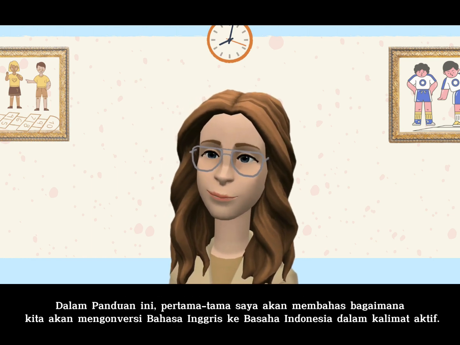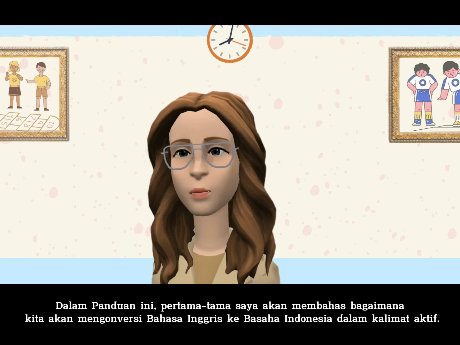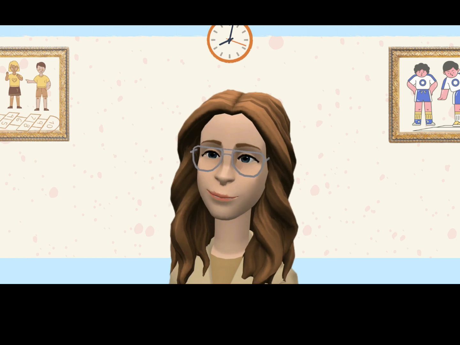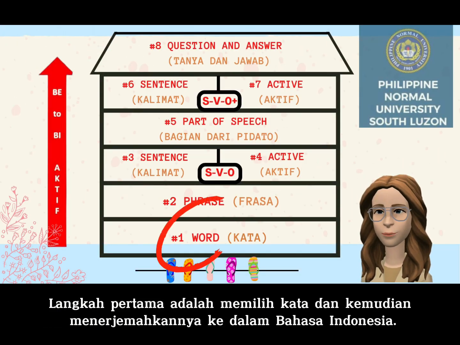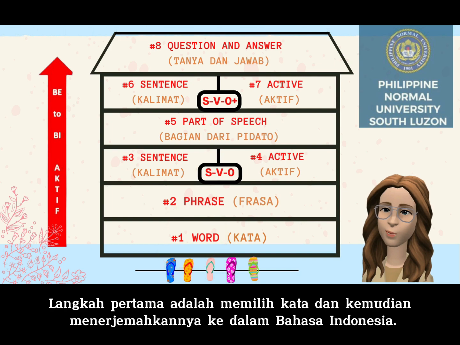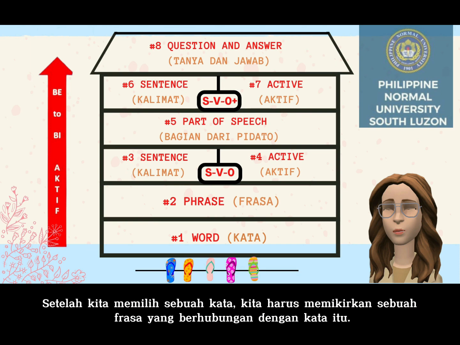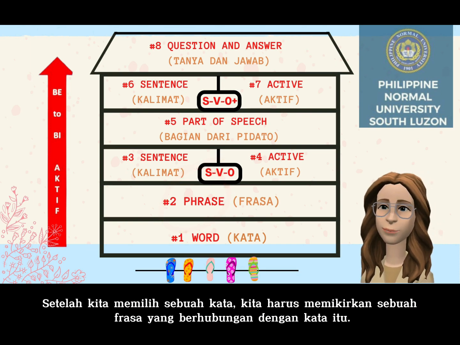In this guide, I will first go over how we will convert Bahasa English to Bahasa Indonesia in active sentences. The first step is to choose a word and then translate it into Bahasa Indonesia. Once we have chosen a word, we must think of a phrase that is related to that word.